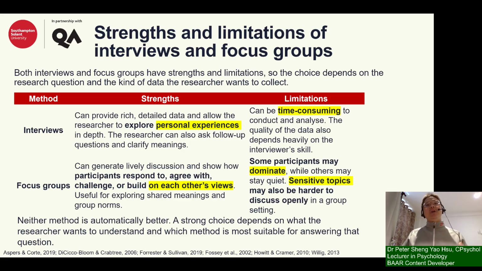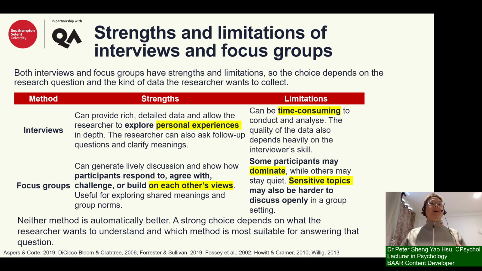Interviews can provide rich, detailed data. They are especially useful when the researchers want to explore personal experiences in depth. The researcher can ask follow-up questions, clarify meanings, and allow the participant to speak privately.